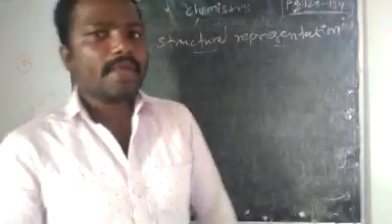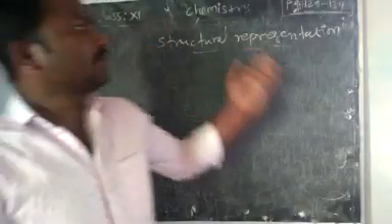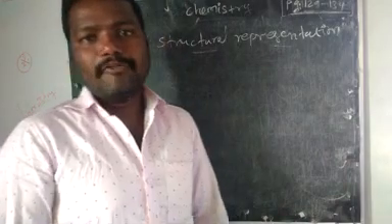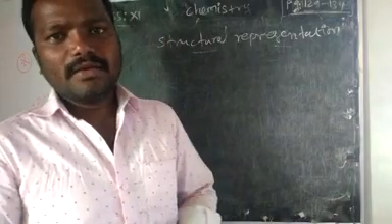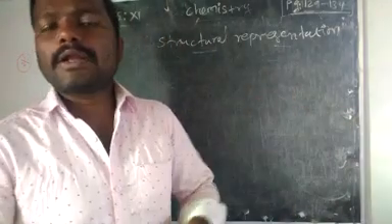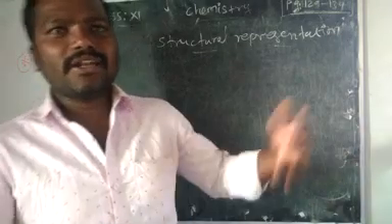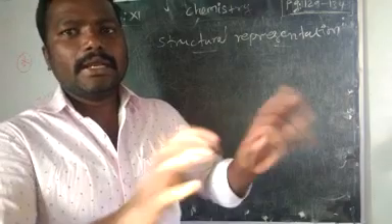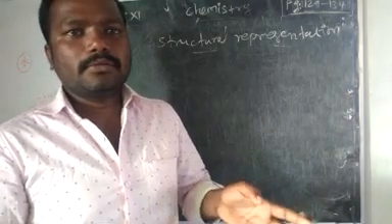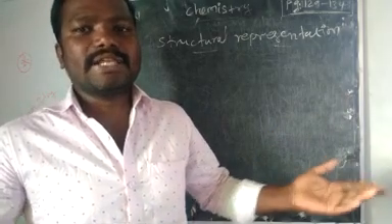Yes, today we are going to see structural representation of organic compounds. What is structural representation of organic compounds? See, organic compounds, somewhere if you see, they may be written in one type of formation like CH3, CH2, CH2, CH3.